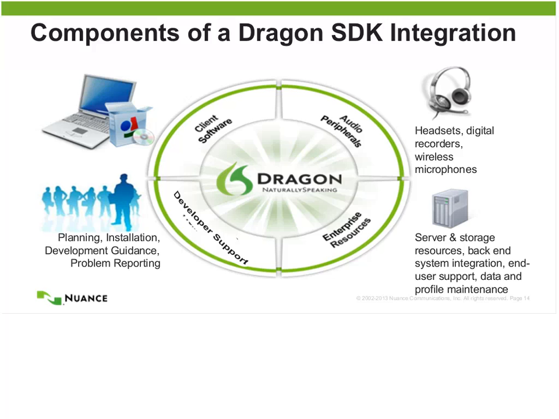Then we have on the top right corner the audio peripherals, which is basically what dictation sources you're going to be supporting. You have to plan whether your users are going to be dictating through a headset, a digital recorder, a wireless microphone, etc. Then you have enterprise resources.